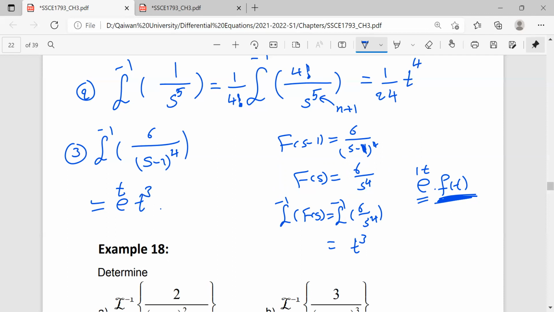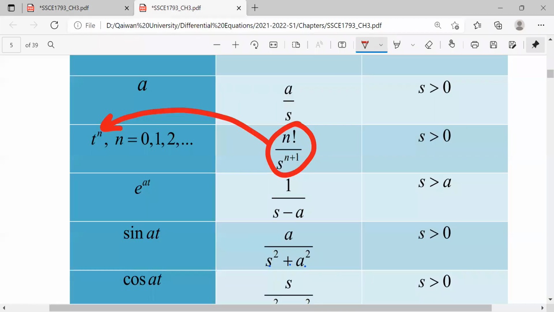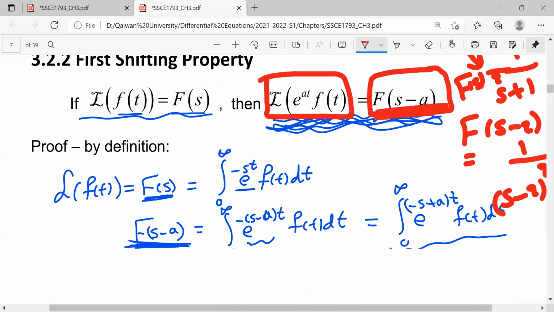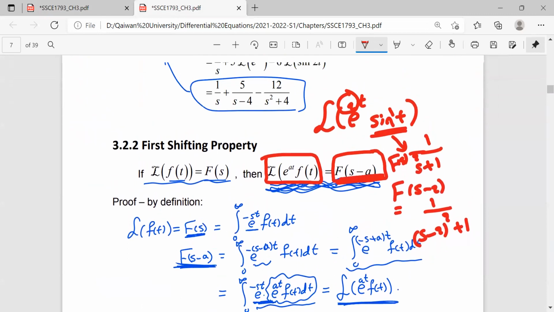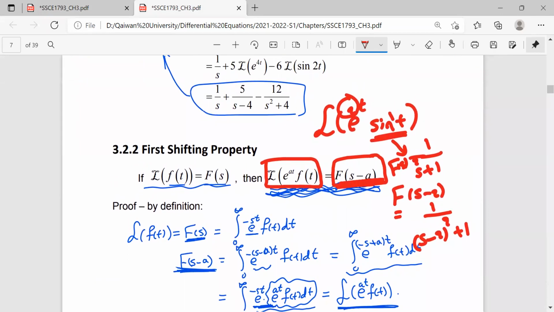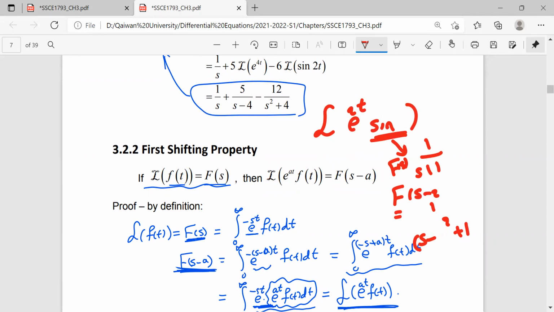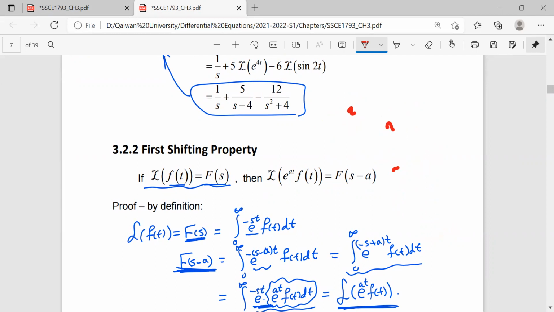That's all. If we take the Laplace transform of this result, we must get the above one. Let's do it. We apply this rule: if we have e to the power at multiplied by f of t, it's F of s minus a.